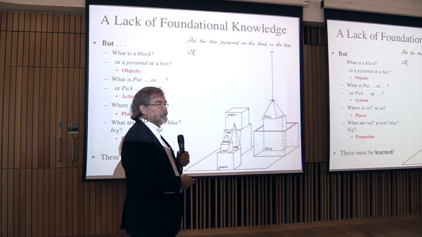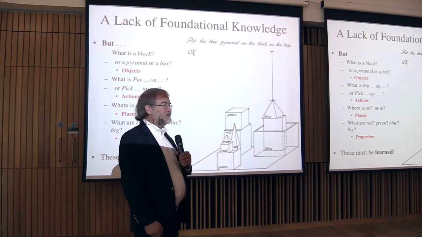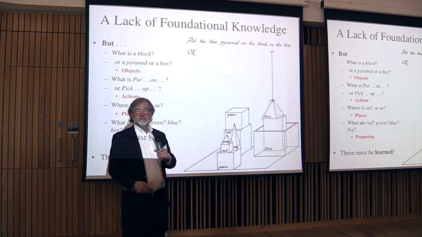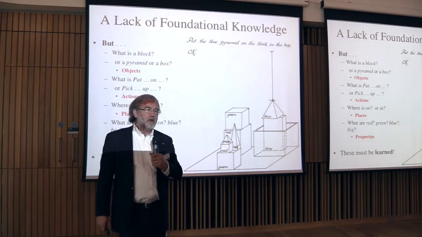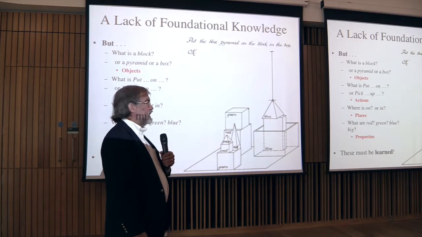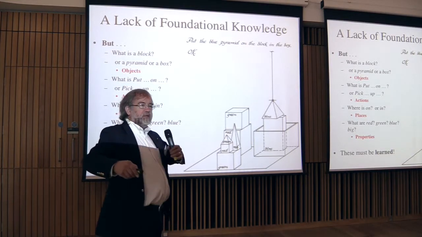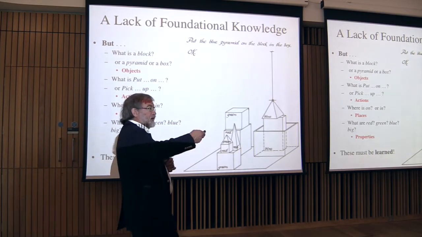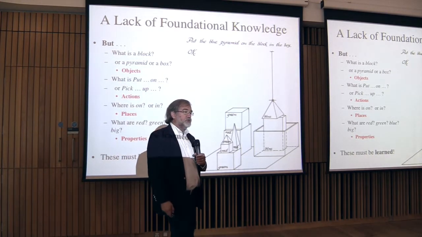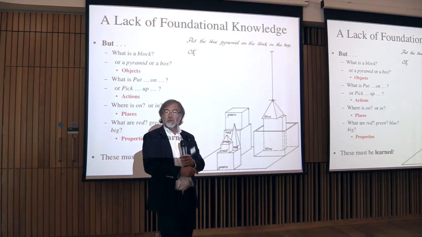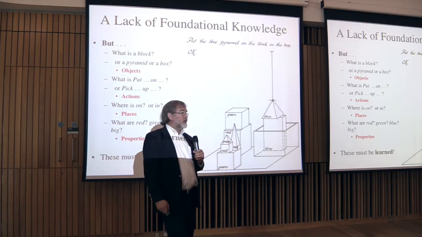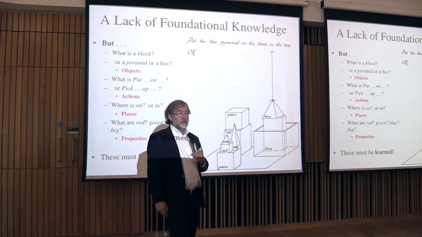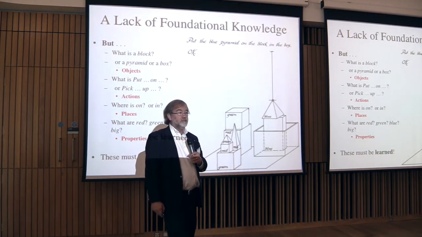It really had very little notion of what places are or what properties are. They were just sort of labels. So there were things about the world that had been kind of glossed over here. And the problem of figuring out both how to represent that knowledge and how to acquire that knowledge has turned out to be a lot harder than we originally thought.